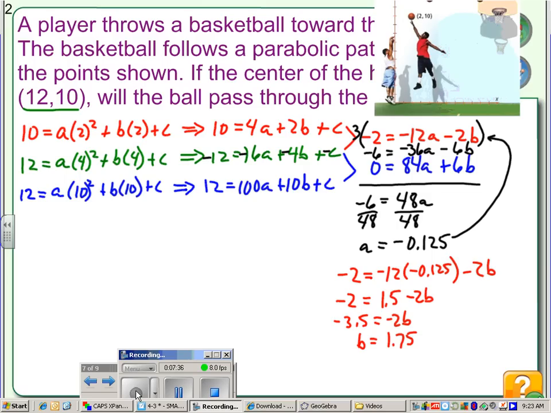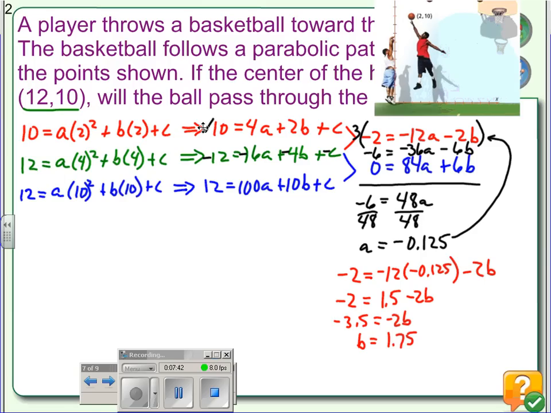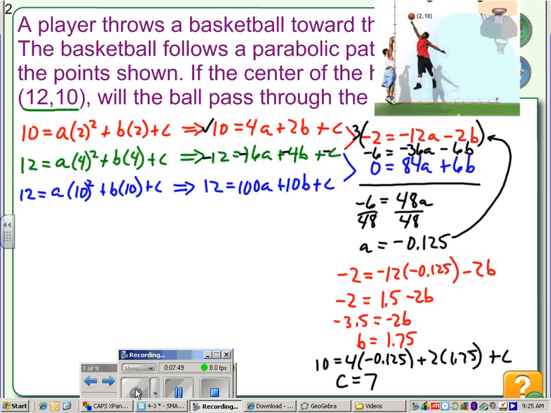So now we can substitute a and b into the top equation up here and calculate for c. Hit pause while you work on it, hit play when you're ready. So we get c equals 7.